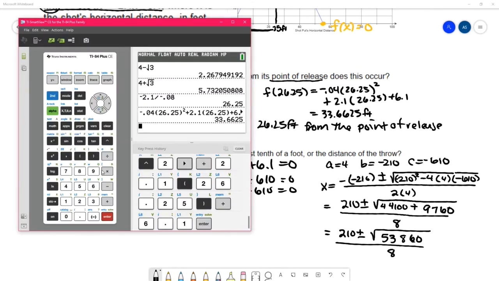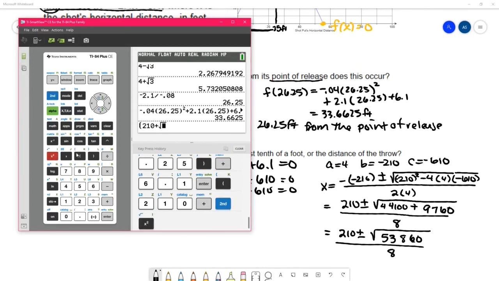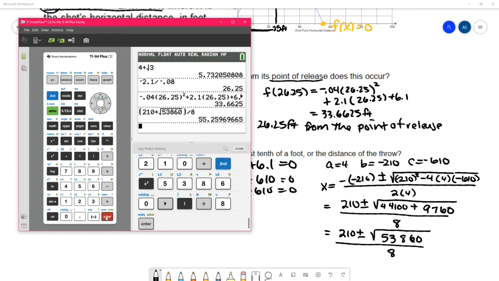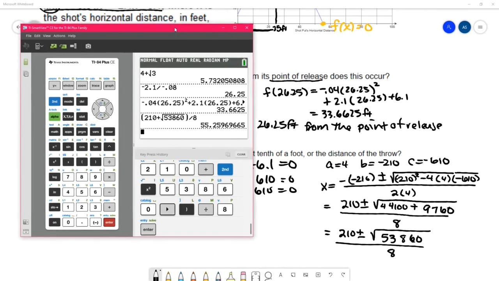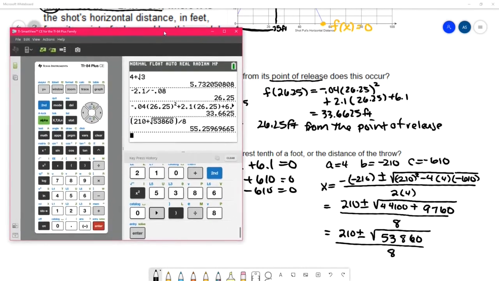Because these numbers are not very nice, let's just use our calculator to simplify. I'm going to do 210 plus the square root of 53,860, divided by 8. And so we have 55, and what did it say to round to? The nearest tenth, so let's do 55.3.